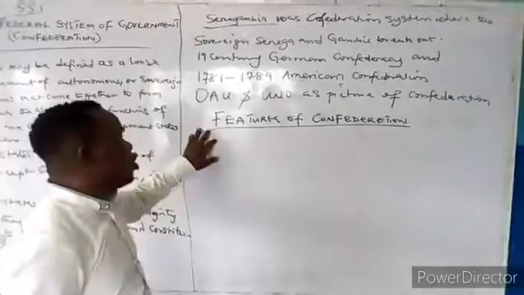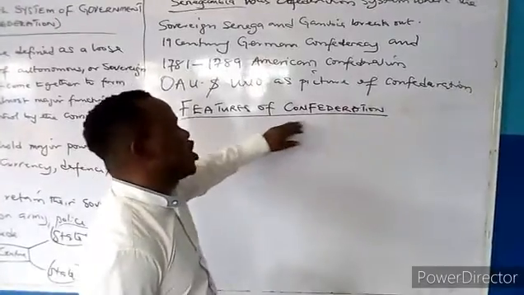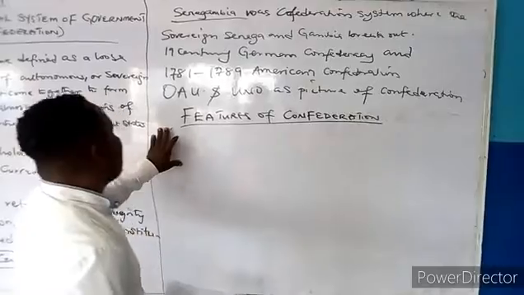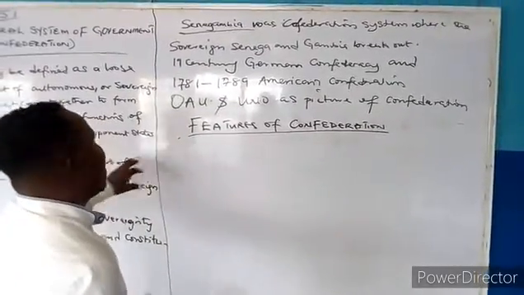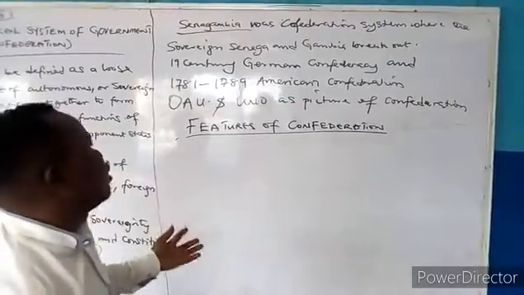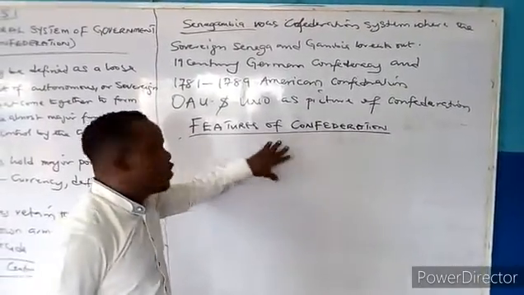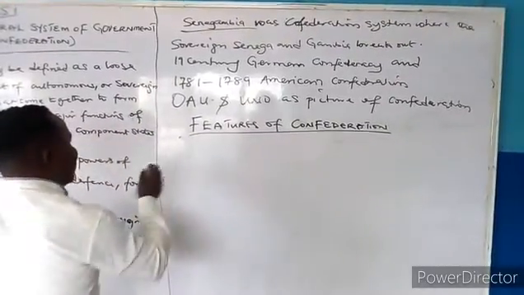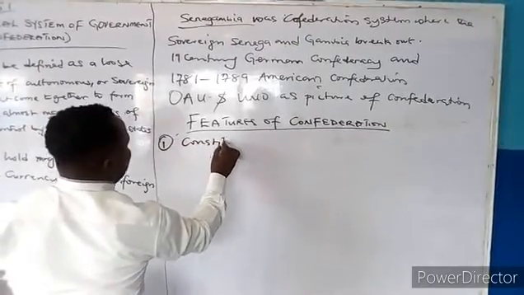So, let us look at the features of confederation or confederal system of government. If you look at the definition and the explanation I've presented, you can bring out the features of confederation. One of the features is the constitution.